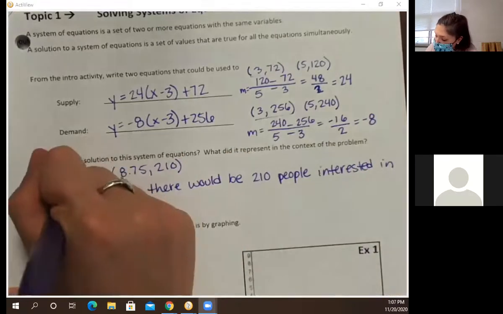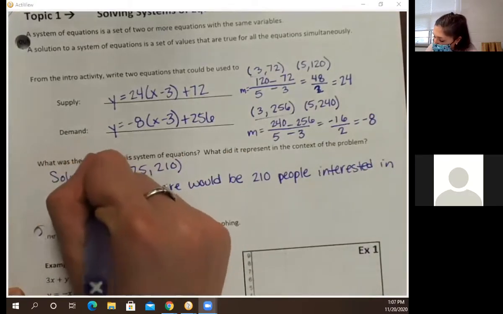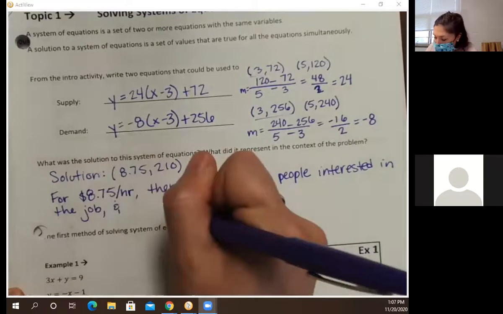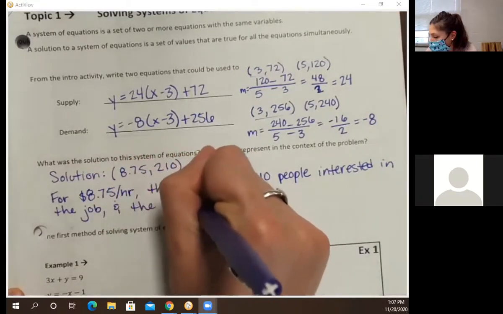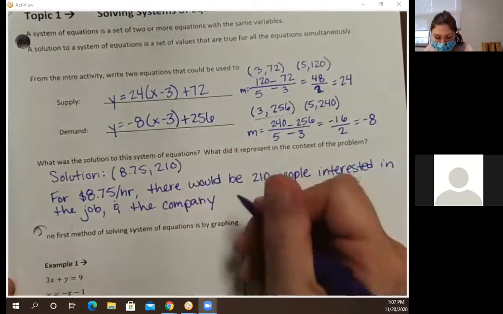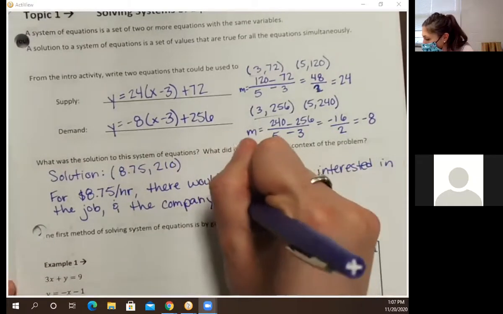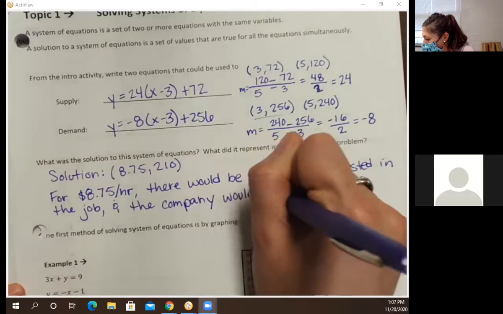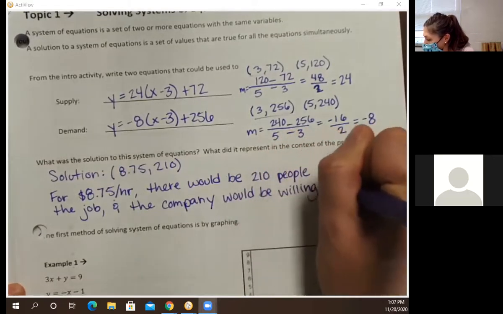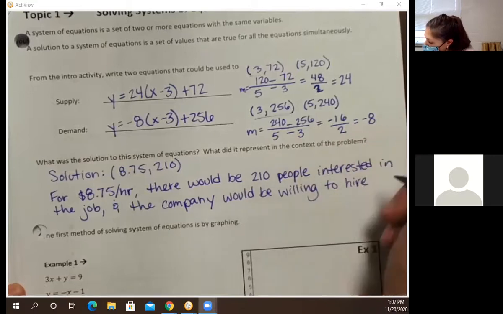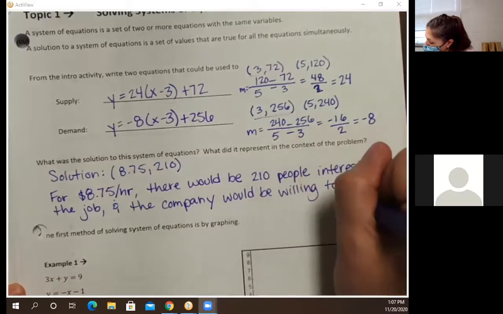And the company would be willing to hire 210 employees.